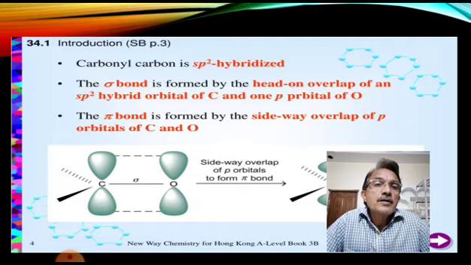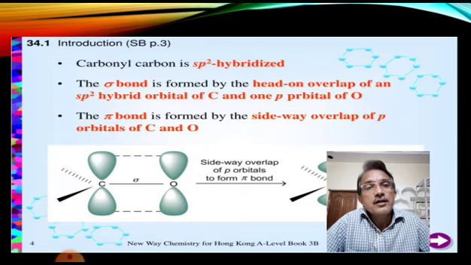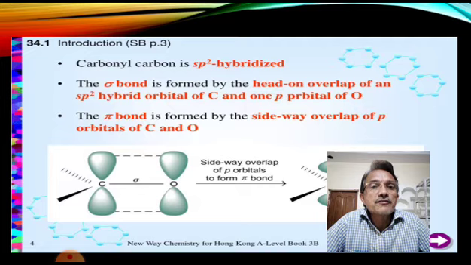In a CO group, 1 sigma and 1 pi bond is formed. The sigma bond is formed by the head-on overlap of an sp2 hybrid orbital of carbon and 1 p orbital of oxygen. The pi bond is formed by the sidewise overlap of p orbitals of carbon and oxygen. You can also see the formation of sigma and pi bond between the orbitals of carbon and oxygen.